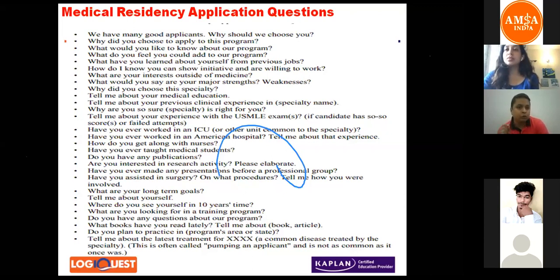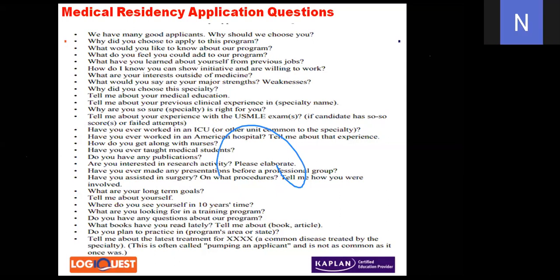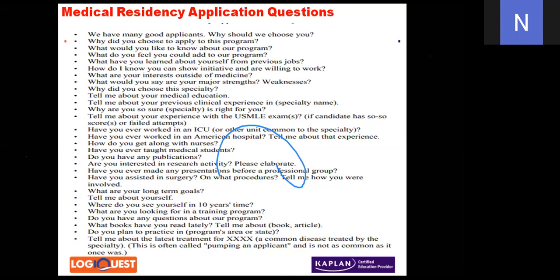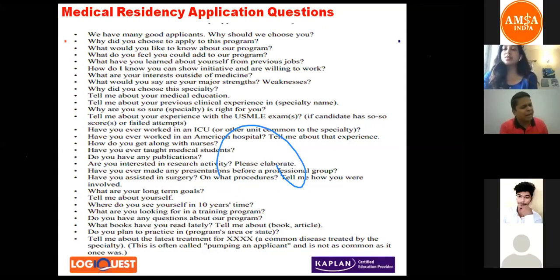Or why did you choose this specialty? Now, I chose pediatrics, because you cannot just say a one-liner like I love small babies or something. Those kinds of things would not be the right way. But if you have a preceding incident, that while I was in my second year and into my hospital postings, I went to the ward one day and I found so and so case, and there was a small kid who was suffering from so and so, that's how you create a story and then reach a conclusion.